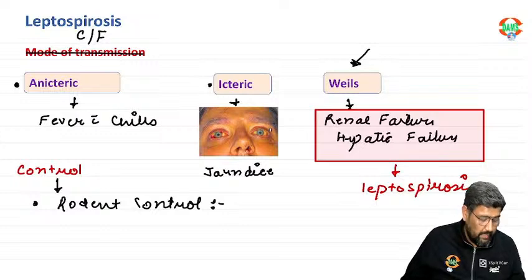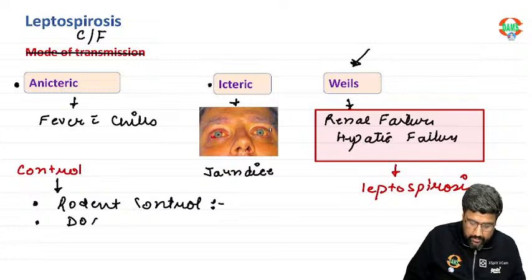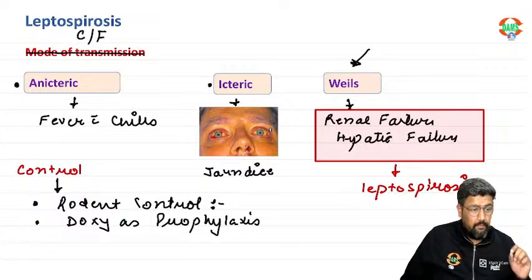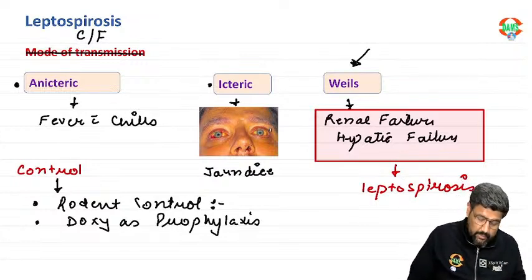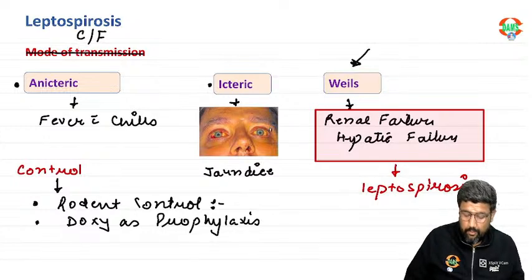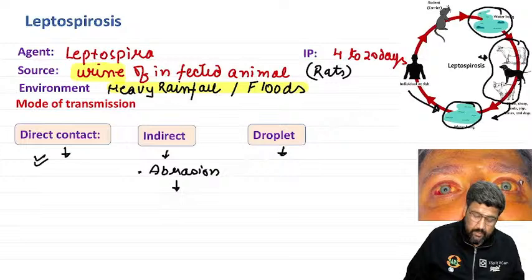Along with rodent control, we give doxycycline as prophylaxis. Even you won't believe this, doxycycline is given as mass prophylaxis. This is given to the whole area. Everyone is given doxycycline. So this is leptospirosis, a very important zoonotic disease.